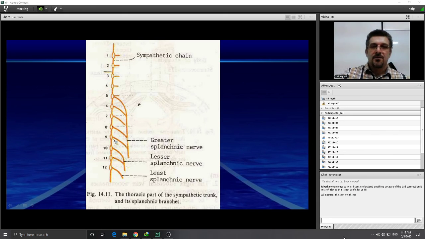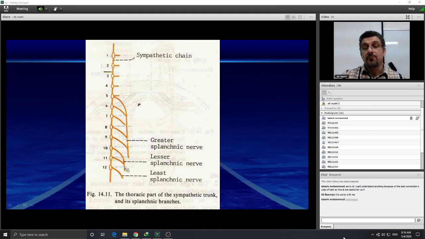All right, from the 5th to 9th ganglia, the greater splanchnic nerve is given off. From 10 and 11, the lesser splanchnic nerve is given off. And finally, from the 12th sympathetic ganglion, the least splanchnic nerve arises.